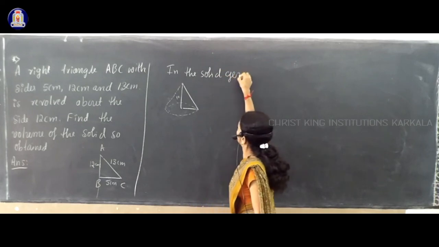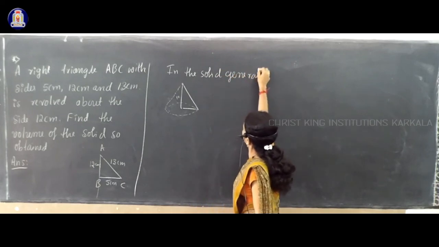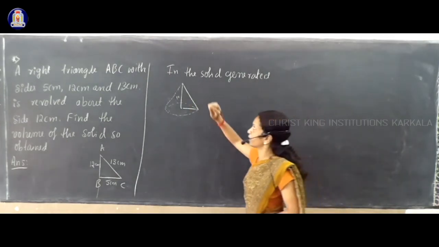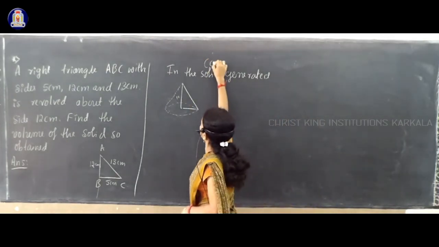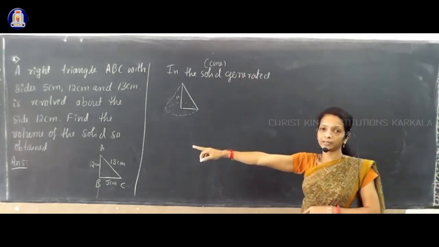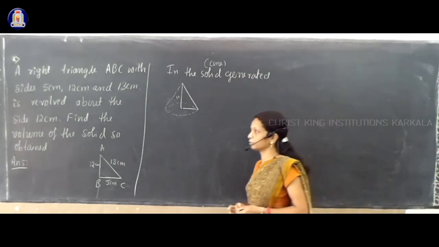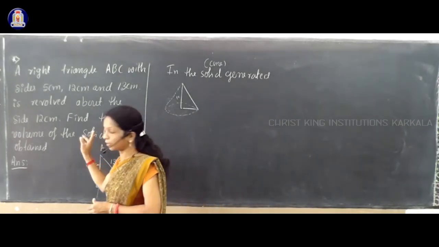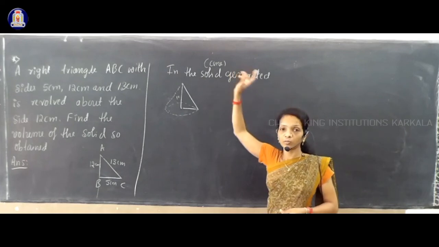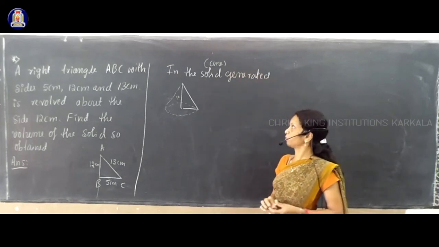If the solid generated means you have to know when you rotate that right angle triangle, solid generated is a cone. Okay, so that is asked indirectly here. Solid generated, you have to find the volume of the solid generated. Means you have to find the volume of the cone generated there. Okay.